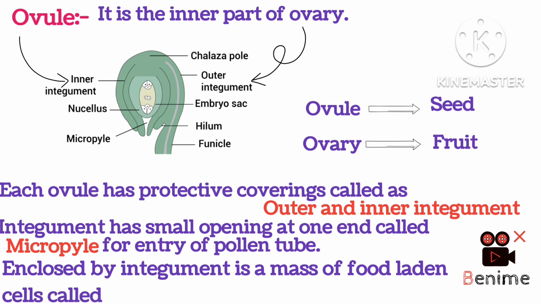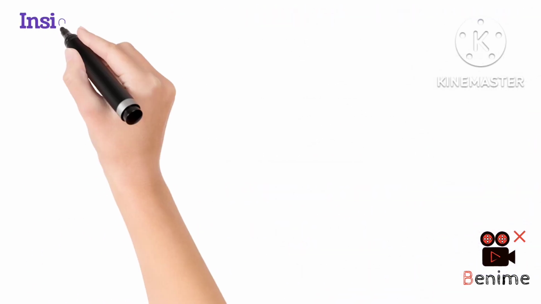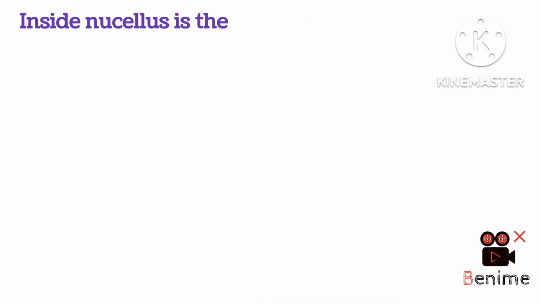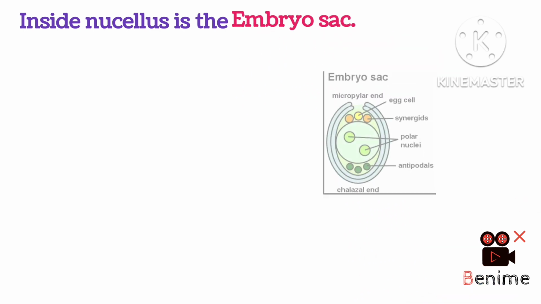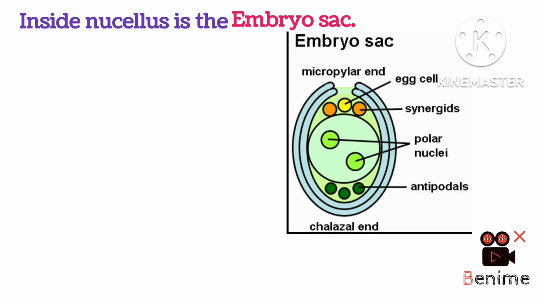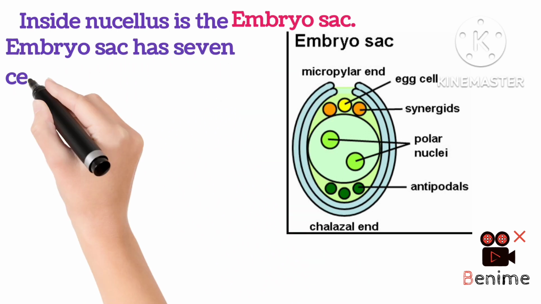Enclosed by integument is a mass of food-laden cells called nucellus. You can see in the picture the position of micropyle and nucellus. Inside the nucellus is the embryo sac. This is the picture of embryo sac.